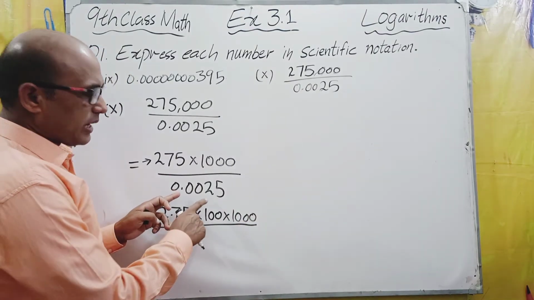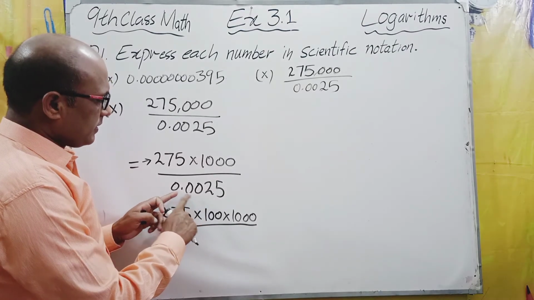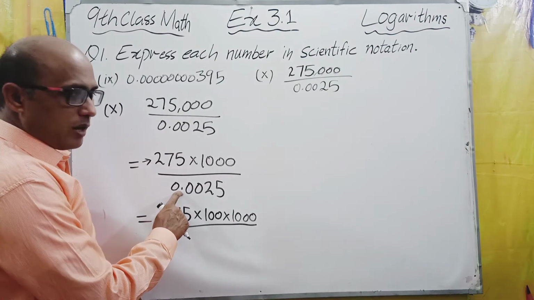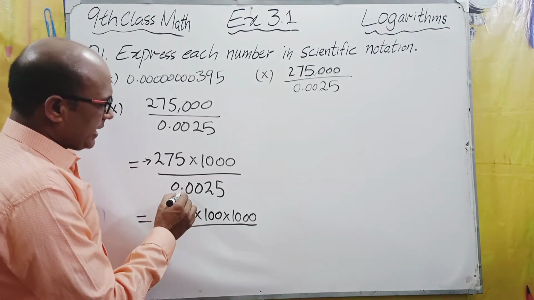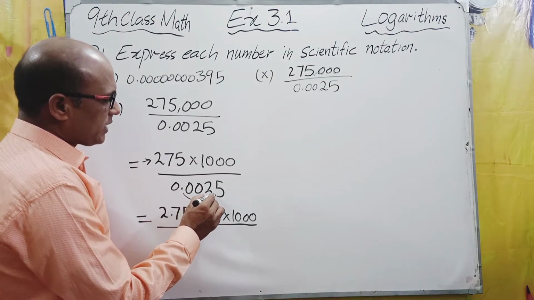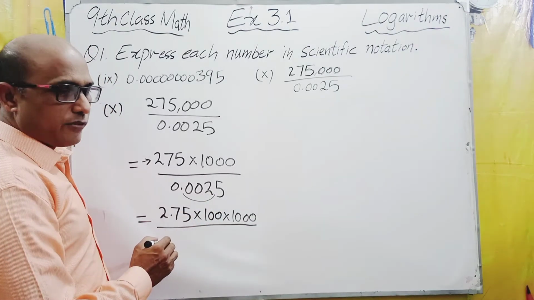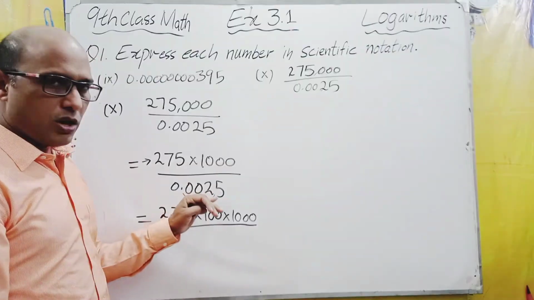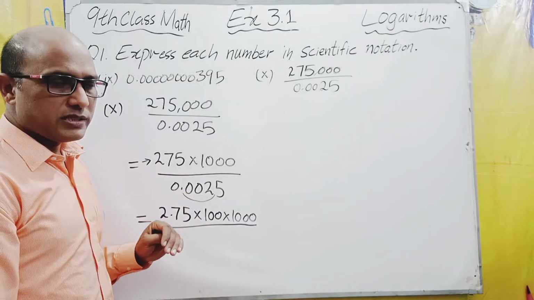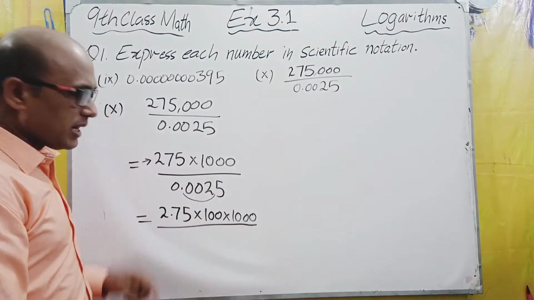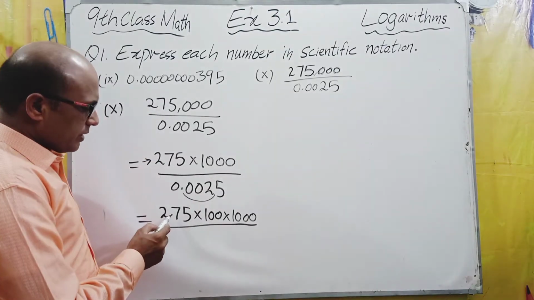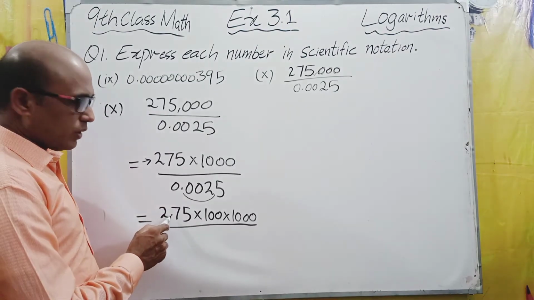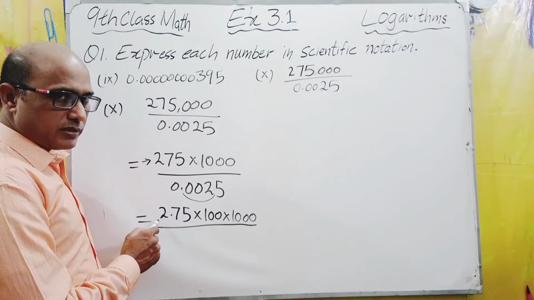And look at the denominator, students. Now we have to shift this decimal to right between 2 and 5, because these are non-zero digits. We must write the decimal after a non-zero digit. So 2 was the first non-zero digit.